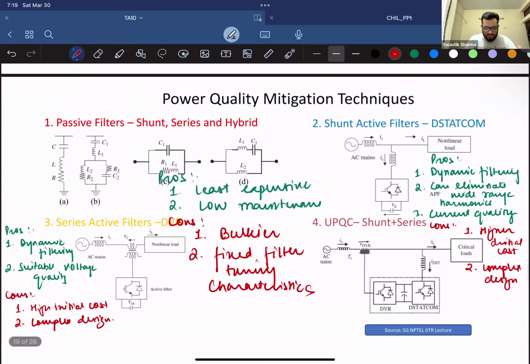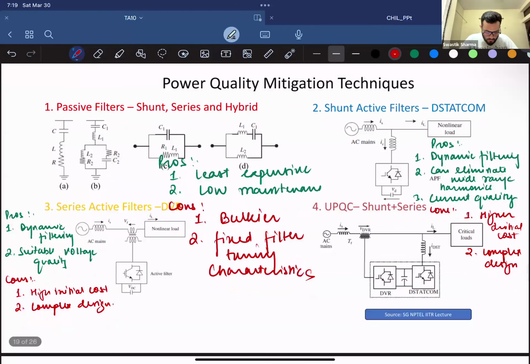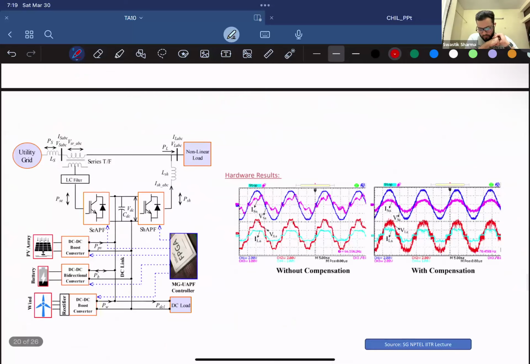So this is what you can do: have these filtering devices connected to your system to mitigate power quality issues at hand, whether current quality issues or voltage quality issues. In the next slide, sir showed how a series active power filter in connection with a shunt active power filter was used to compensate current quality and voltage quality problems.